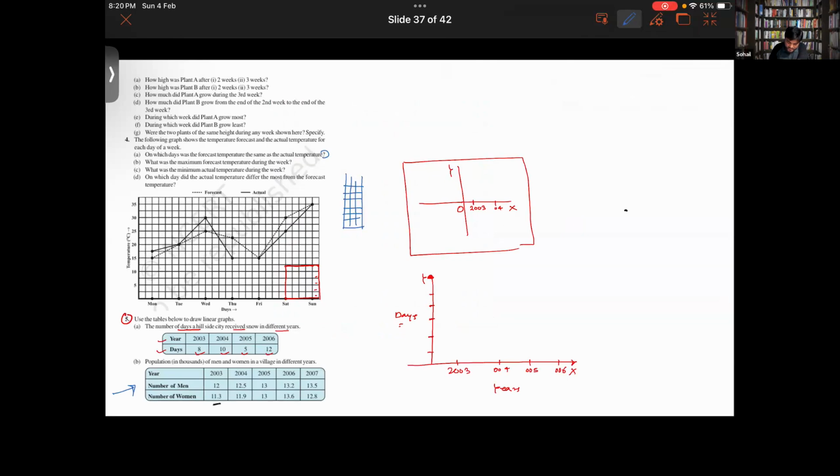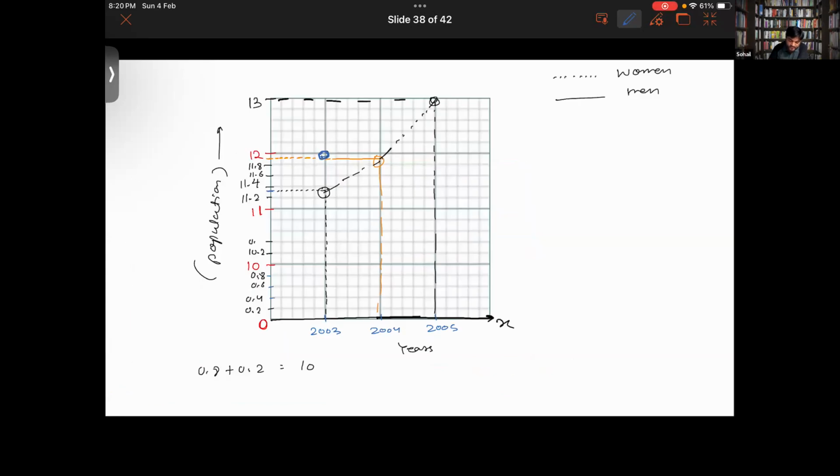In the year 2004, what is the population? 12.5. So where will 12.5 lie? It will be exactly between 12 and 13. Or you can do this simply as 12.2, 12.4, then 12.6. So here it is going to lie. 12.5 is here.